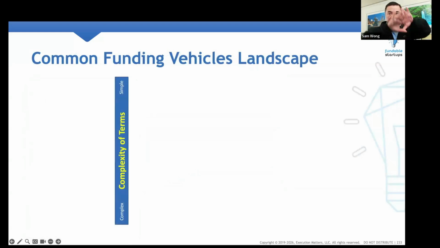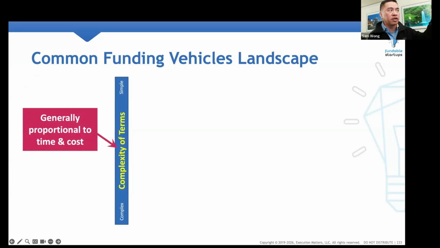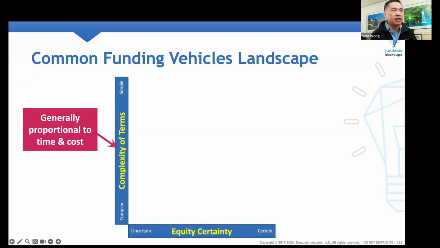But in the landscape of early stage funding vehicles, look at the complexity of terms on the vertical axis and the certainty of the equity on the horizontal axis. Equity certainty is questions like how close this transaction is to a stock sale, which is important for QSBS, and how much equity was sold, so how much equity you have left.